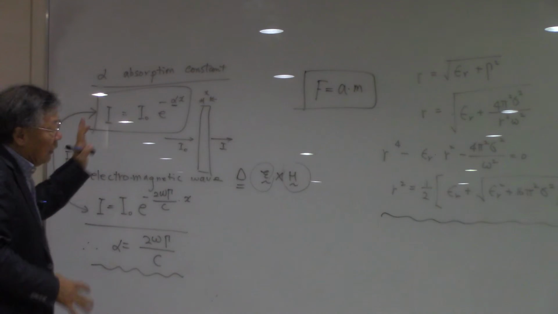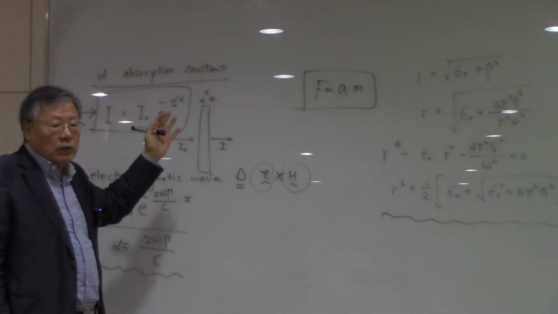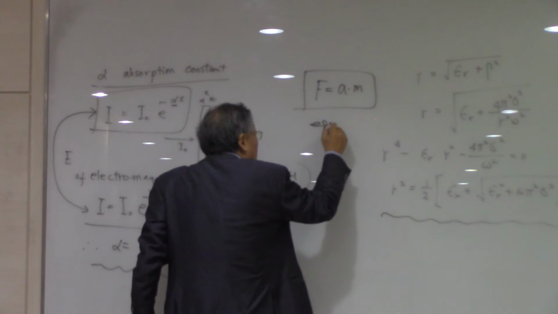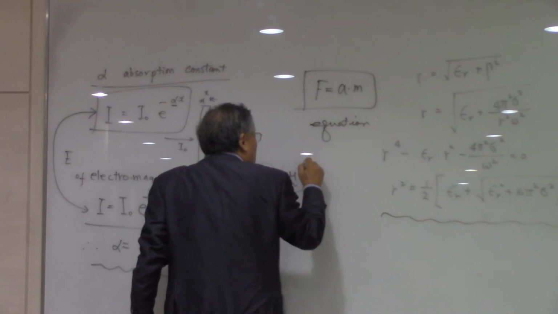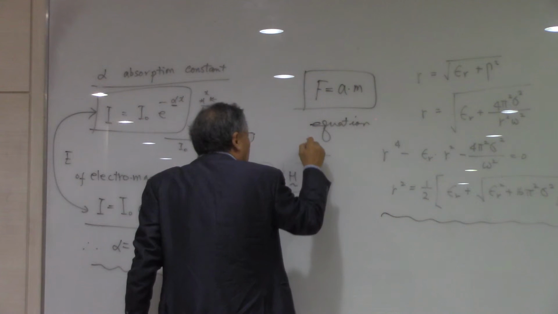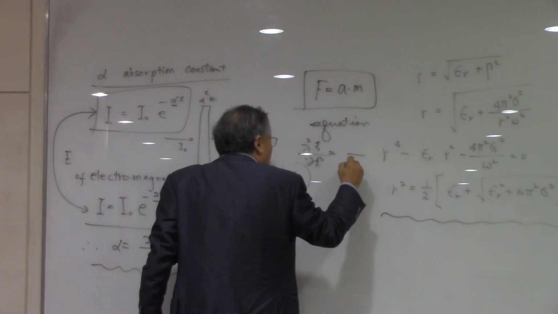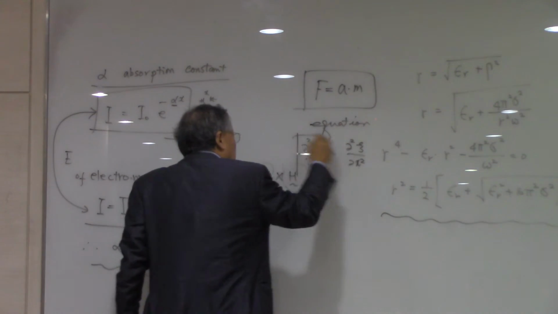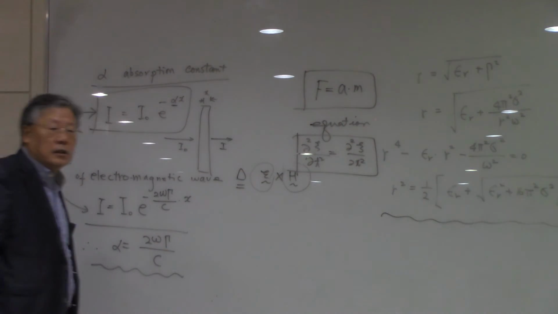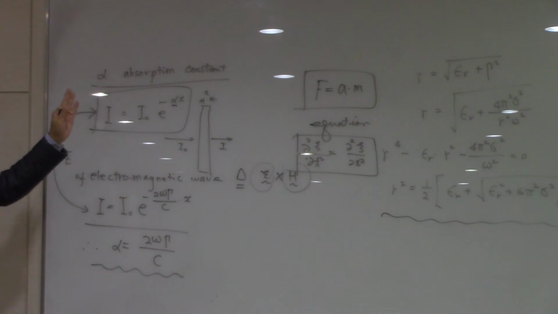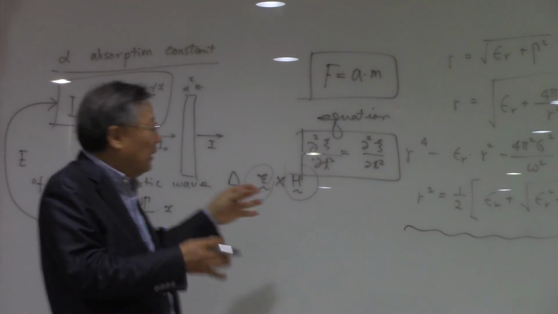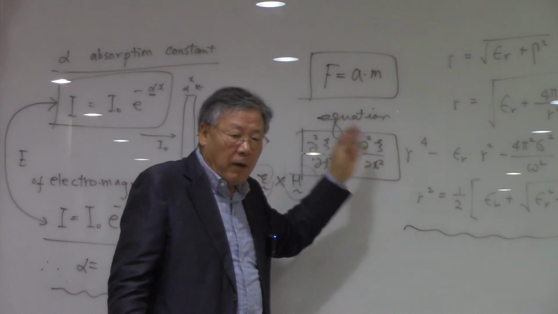So we use the Maxwell equations to get the equation formula, which is some partial differential equation in a form like that. In order to get that, we have to use Maxwell equations 1, 2, 3, 4, and then we successfully get this kind of wave equations.